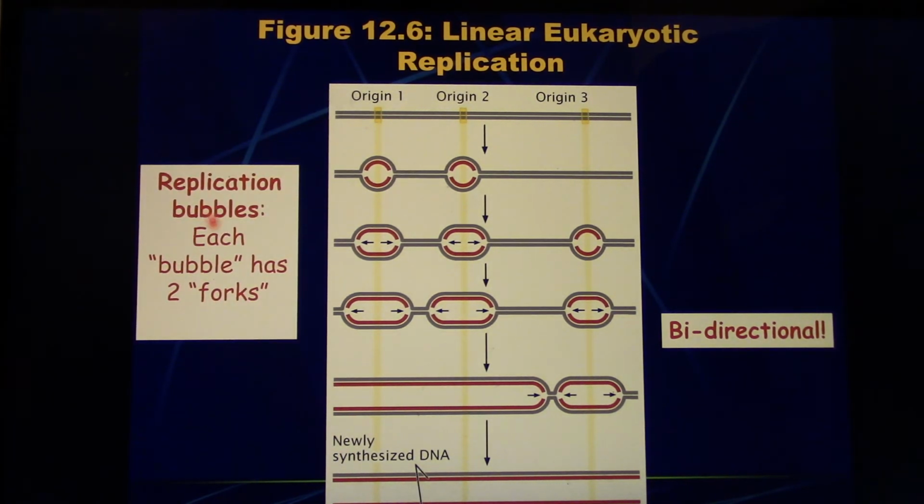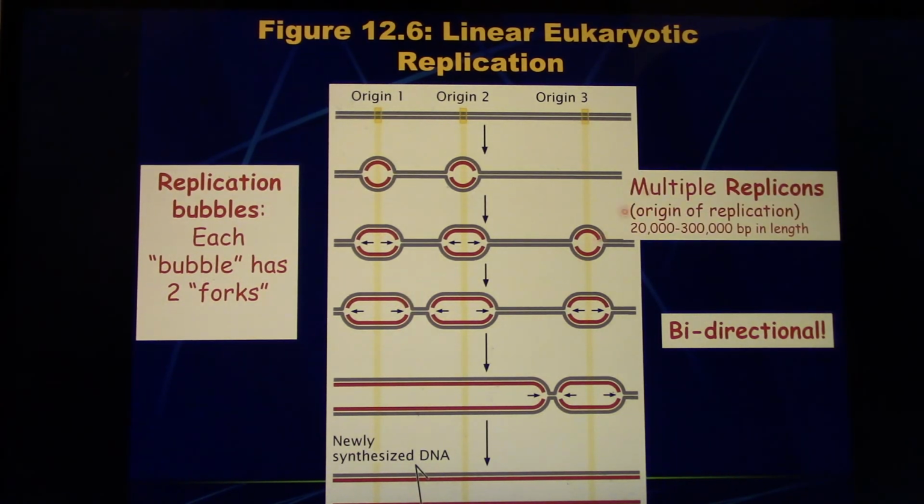So each replication bubble has what we call two forks. So there's a fork on each side of the replication bubble. And of course you have multiple replicons or origins of replication on your linear chromosomes. They can be as big as 20,000 to 300,000 base pairs in length.